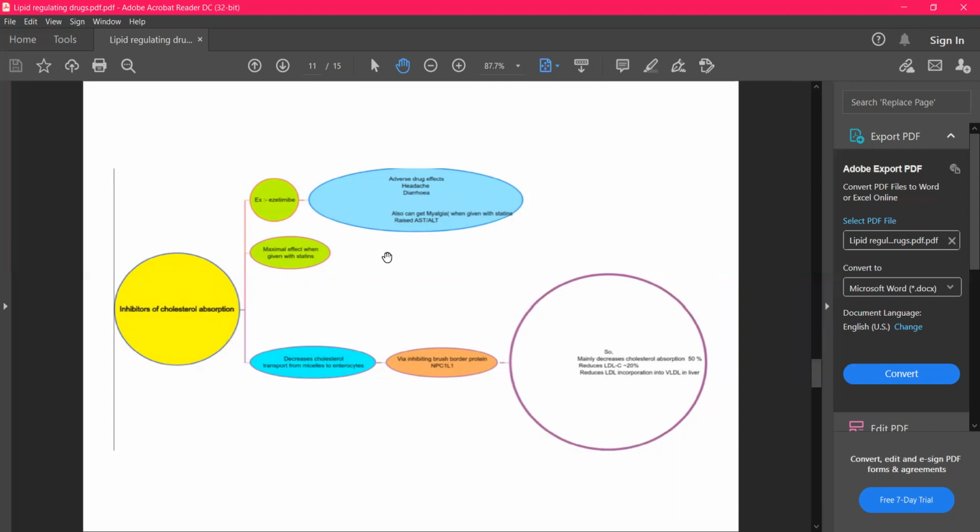So that is the mechanism of action of ezetimibe, and so cholesterol absorption is reduced because you have cholesterol within the micelles. The micelles itself are not entering into the enterocyte, so you will obviously have reduced absorption of cholesterol. Okay, the maximum effect will be when you combine this with statin. So it's better for combined therapy with statins.